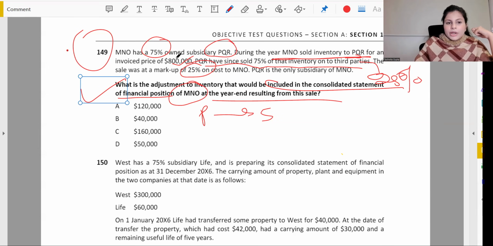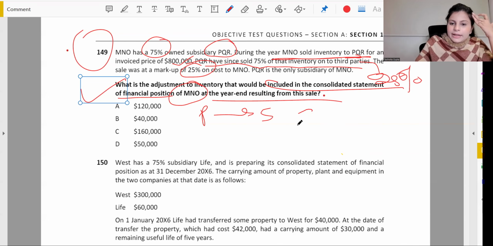So you need to calculate your PURP here. That's what they're asking. Can you calculate the PURP quickly? What would be my PURP in this case? We'll apply the normal formula. Our total sale is of 8 lakh, right?